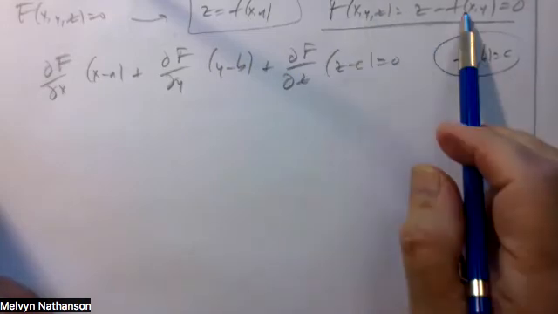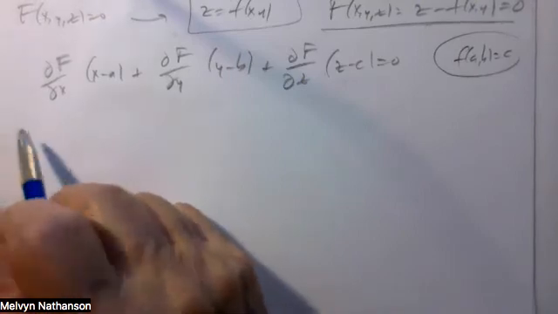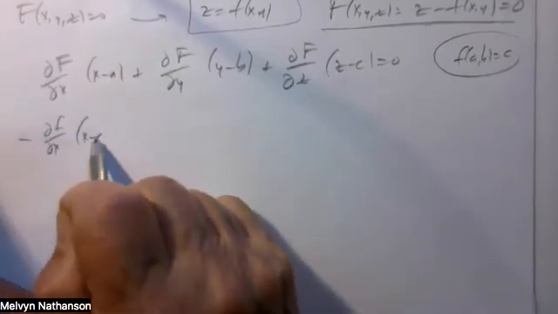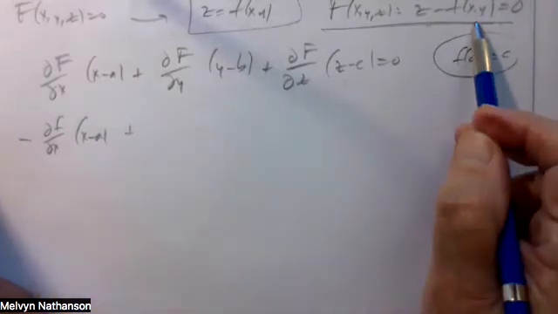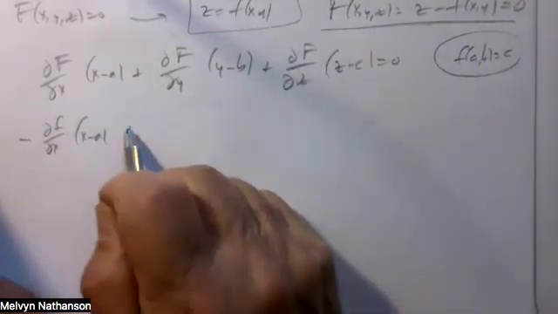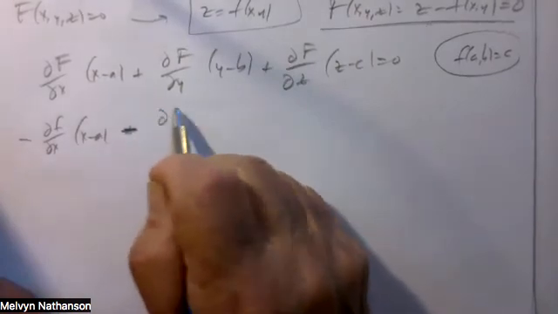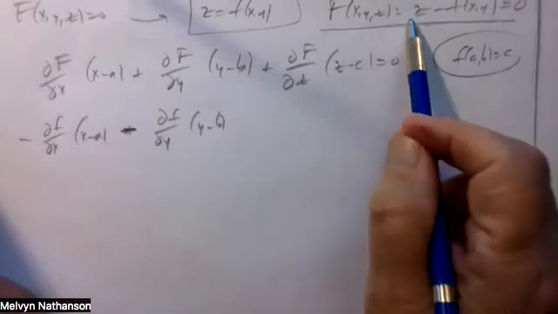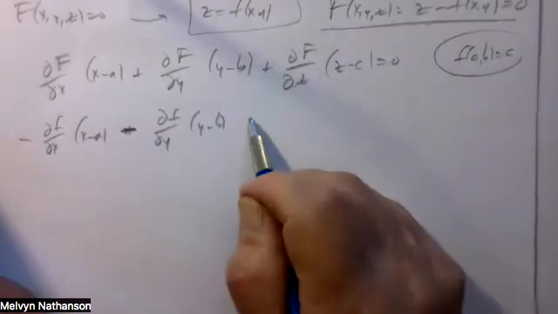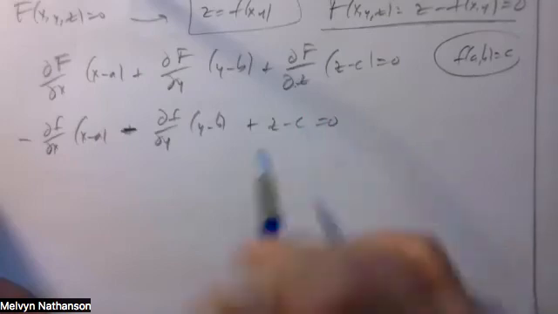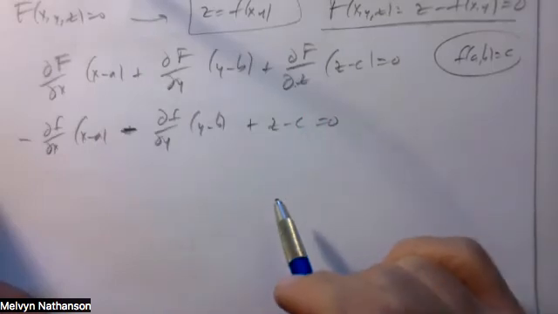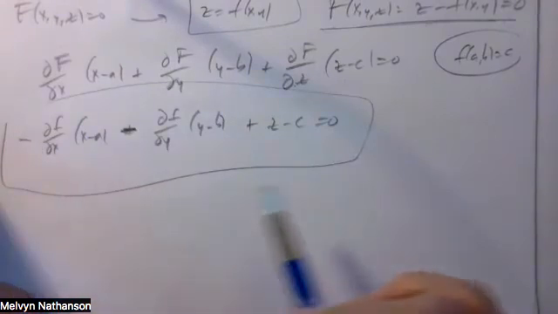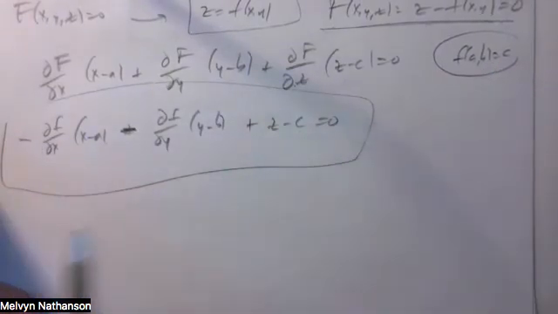But the partial of capital F with respect to x is minus the partial of little f with respect to x. Partial of capital F with respect to y is minus the partial of little f with respect to y. And the partial of capital F with respect to z is 1. So I have this equation, and c is equal to f of a, b.